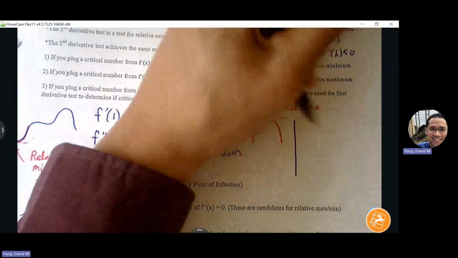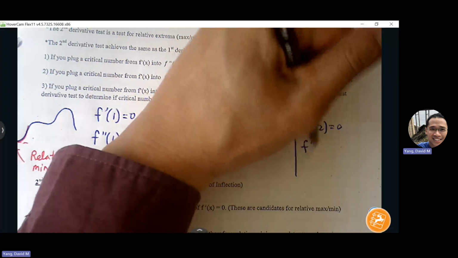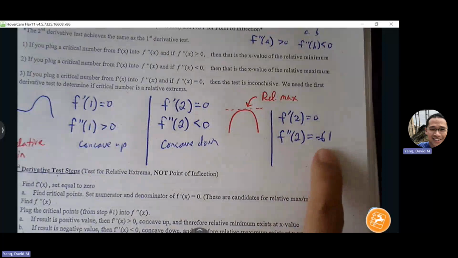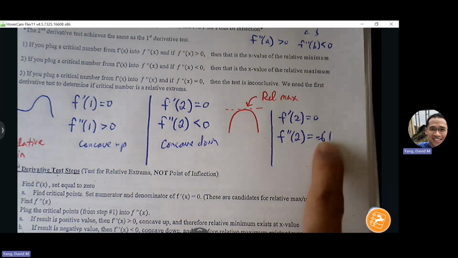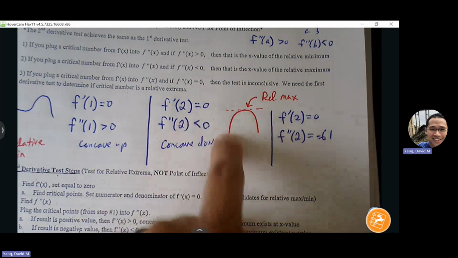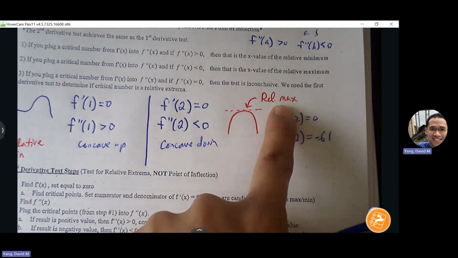If we see, let's say, f prime of 2 is equal to 0 and f double prime of 2 is equal to negative 61, that's confusing, right? You're thinking, oh, wait, that's a really small number. That must be a relative min, but that is telling us it's concave down because it's negative. And then if you can verbalize concave down, you can convince yourself relative max.